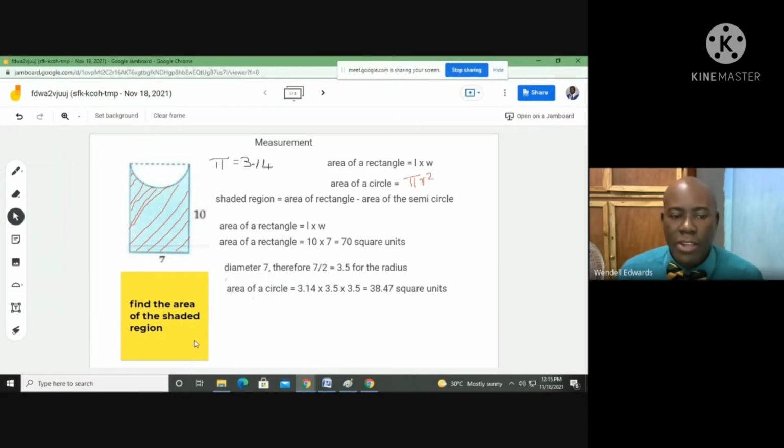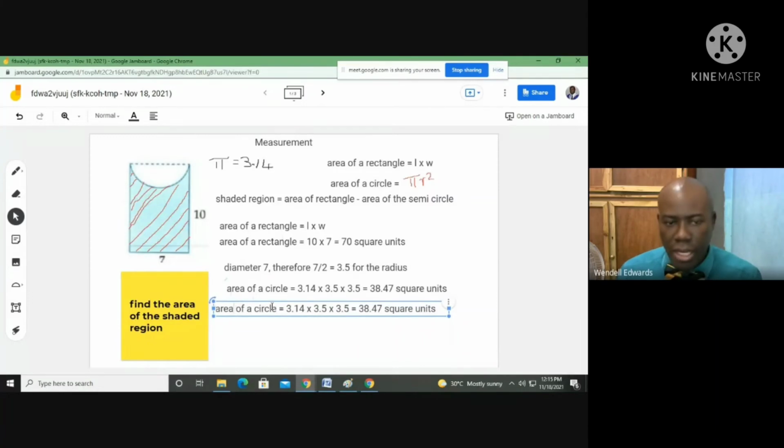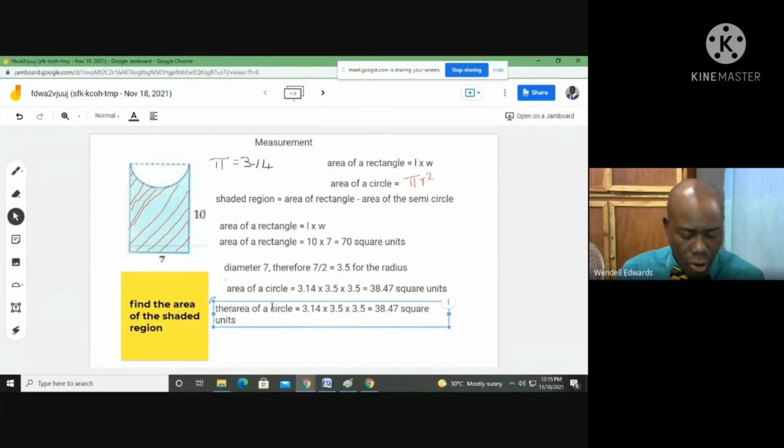What is that area of the circle we want? We want the area of the semicircle. So we're going to have to put on something here. Therefore, the area of the semicircle is going to be half of it.